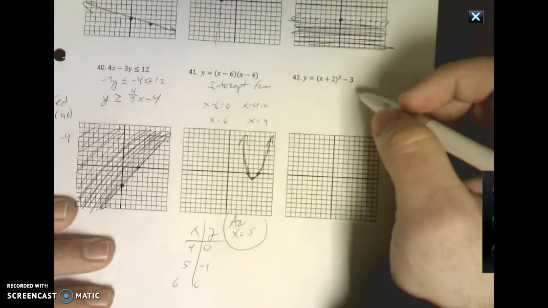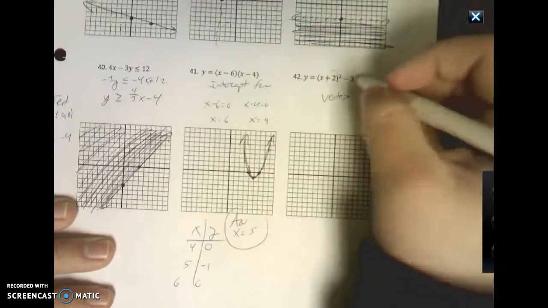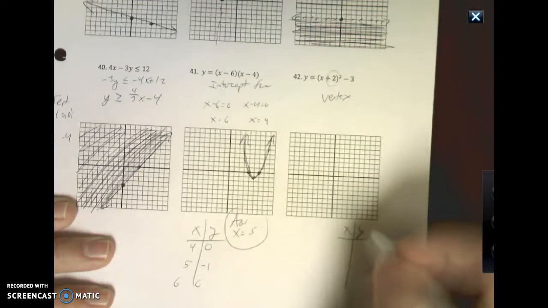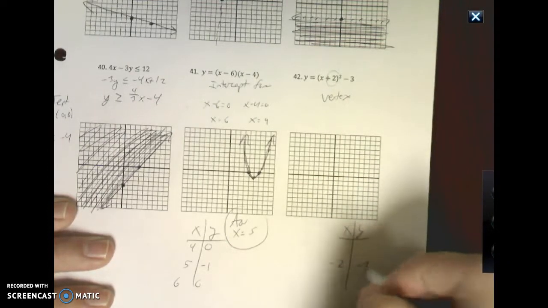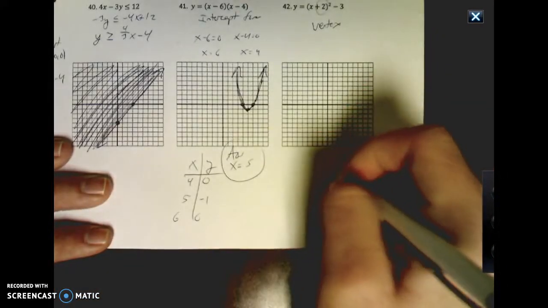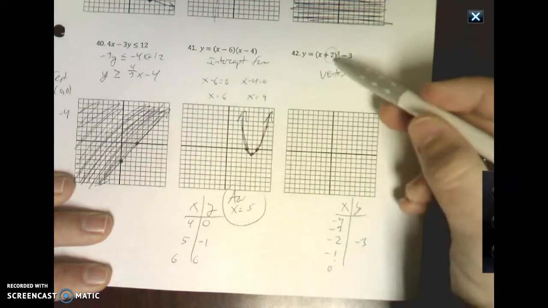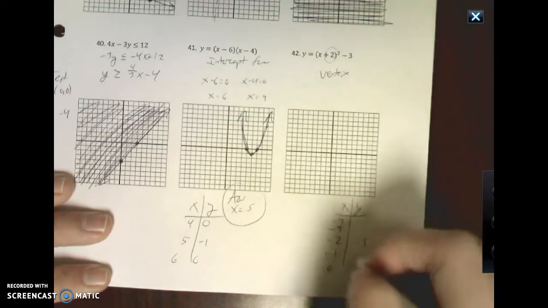Okay, one more here. Y equals quantity x plus 2 squared minus 3. Your vertex is just opposite, same. So it's -2, -3. You go 2 up, 2 down. So let's see, -3, -4, -1, 0. If I plug these values in, -1 in here is -1 plus 2 is 1. 1 squared is 1, minus 3 is -2.